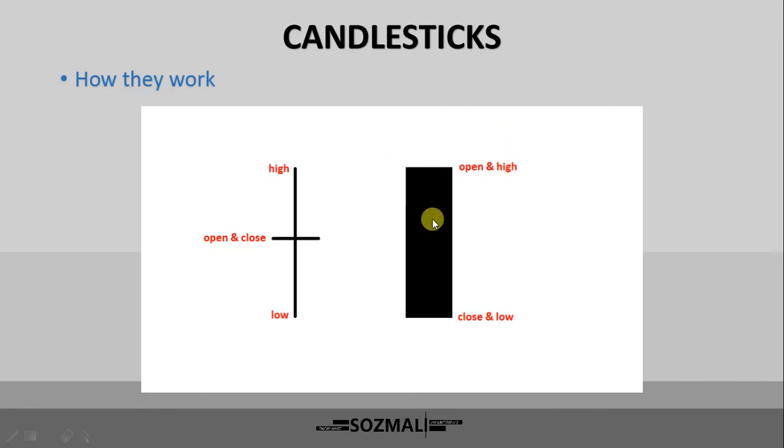Remember what I told you, that when they're filled in black, it means that it closed below where it opened, as you can see here, which is another example of a candlestick pattern where the open was here. It did not move any higher than where it opened.